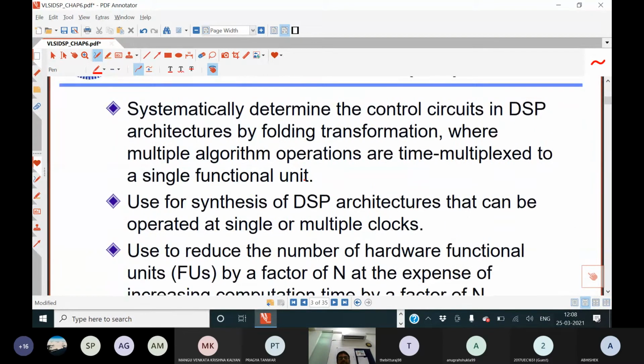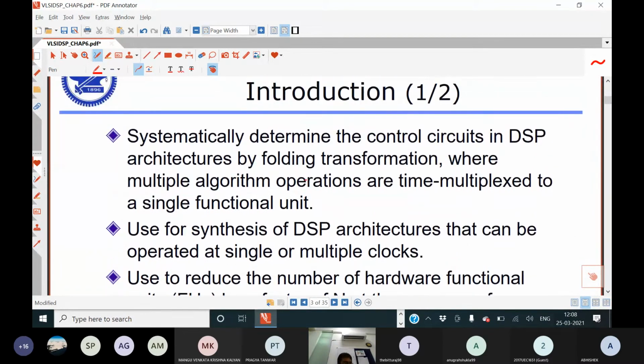Now, in this subject we always talk about DSP algorithms. In a DSP algorithm, when you want to apply area optimization, folding would be very useful. What will folding be doing?